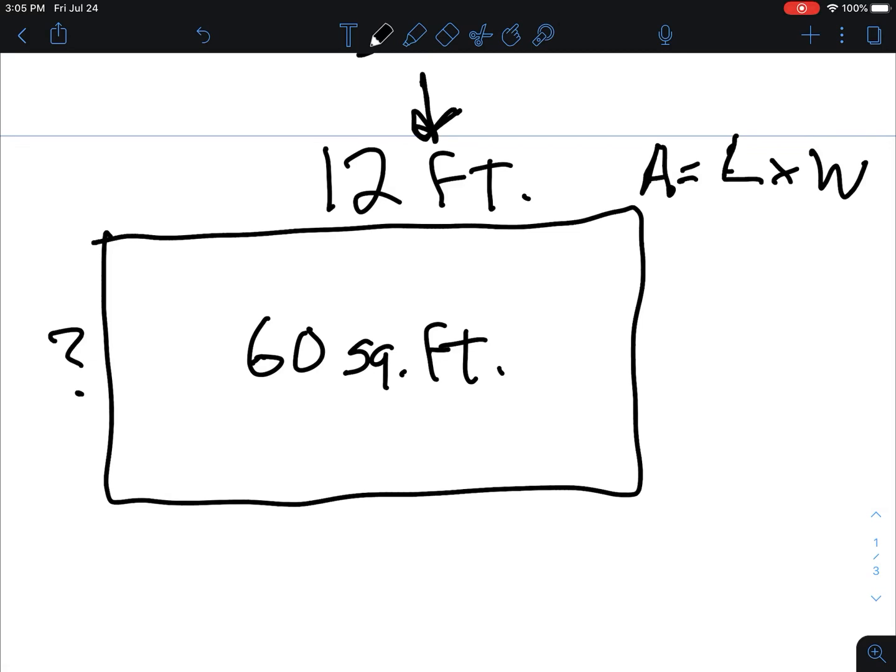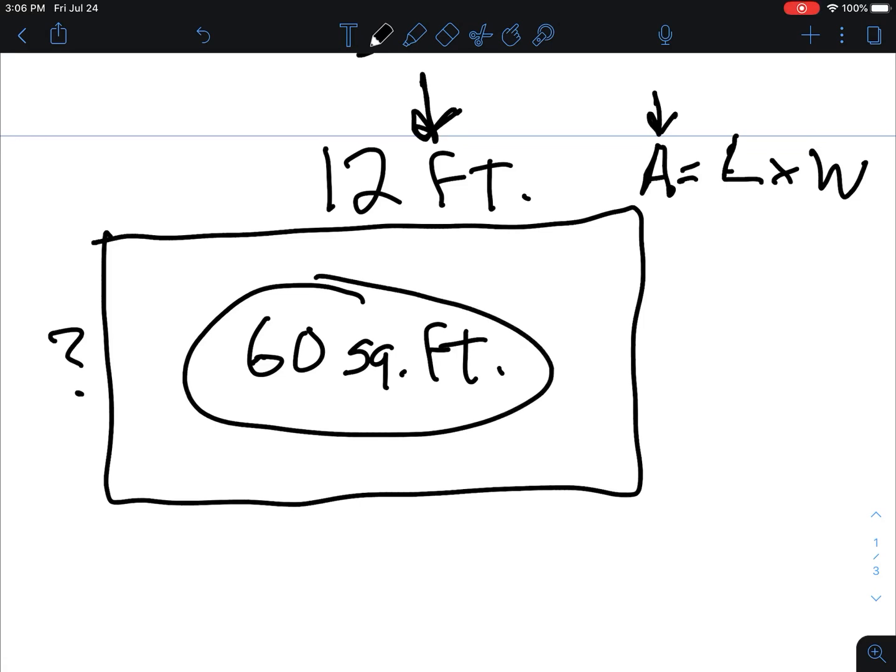And then what you do is right underneath the letters, you're going to write the numbers that go along with it. So the area, do I know the total area of this rectangle? Sure I do. They gave that to me. So I'd write 60 equals. Do I know the length or the width? Yeah, I know one of them. So I don't care what side you call length or width, I really don't.